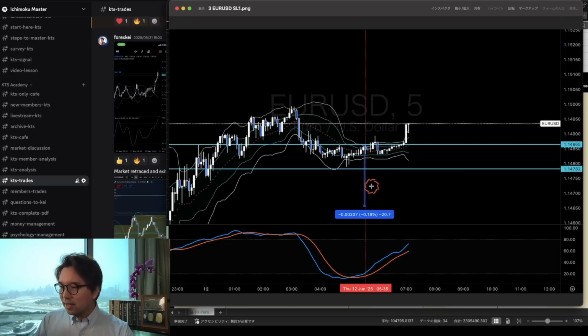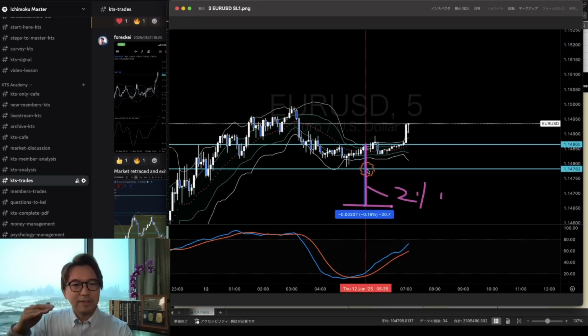So again, I take 2% risk to the stop loss. So this risk is 2%, right, to the stop loss. But by moving the stop loss to here, since this is more than halfway above, I'm taking less than 1%. 1% will be around here.